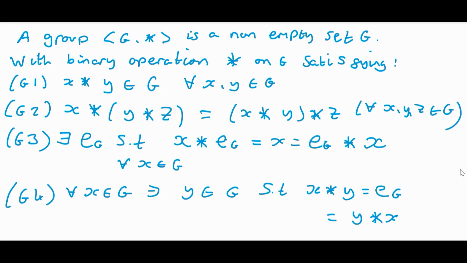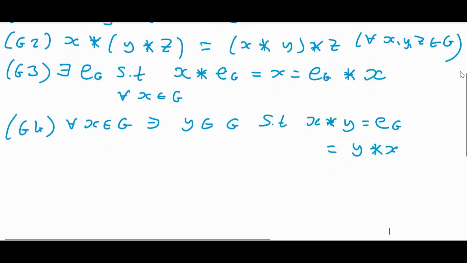Okay, so we're going to take a look at a few examples. And what we're going to do is I'm going to define a set with binary operation, and we're going to check if it's a group or not. Okay, so let's take the integers Z with respect to addition.